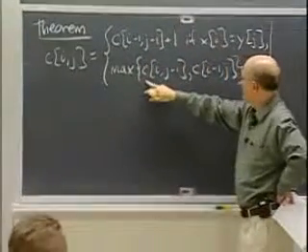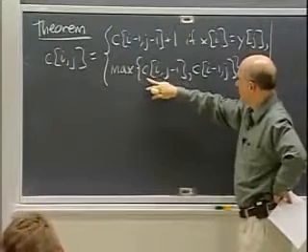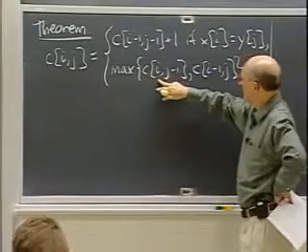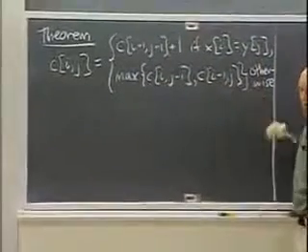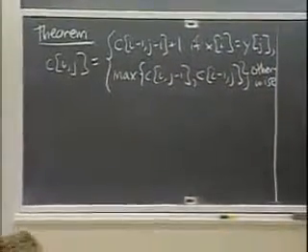And if they don't match, then it's going to be the longer of C of i, j minus 1 and C of i minus 1, j. Okay?